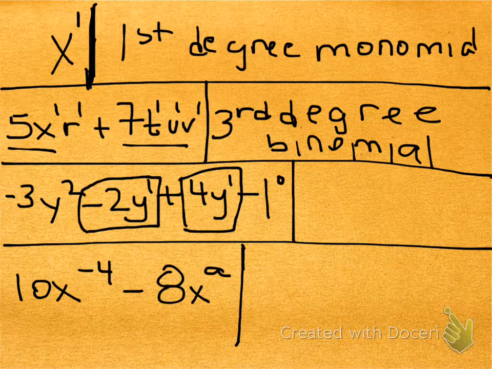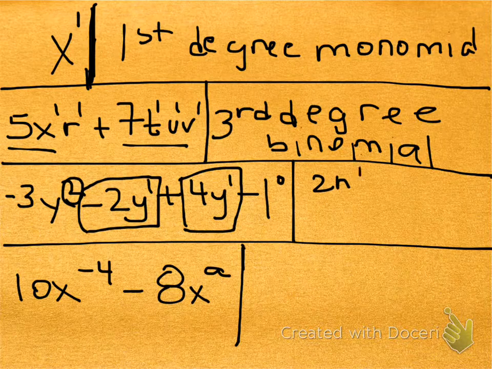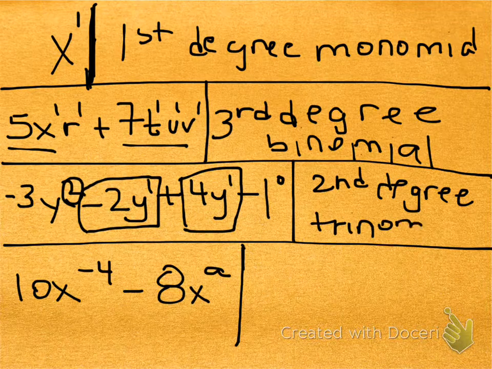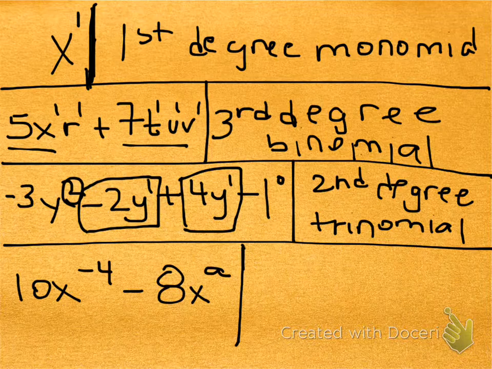So the highest exponent is the 2. So we're going to say second degree, but once you put the two terms together to get positive 2y, you're only going to have 3 terms, so we're going to say that it's a trinomial. And then the last one, notice it has both a variable exponent and a negative exponent, so that is not a polynomial.